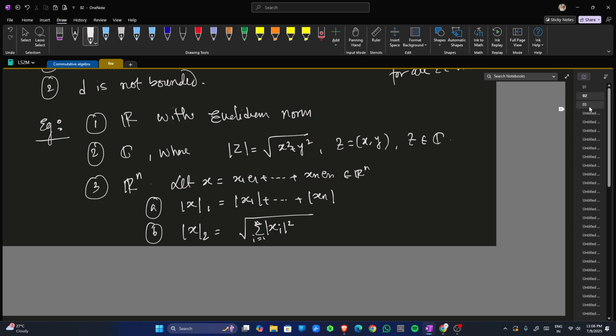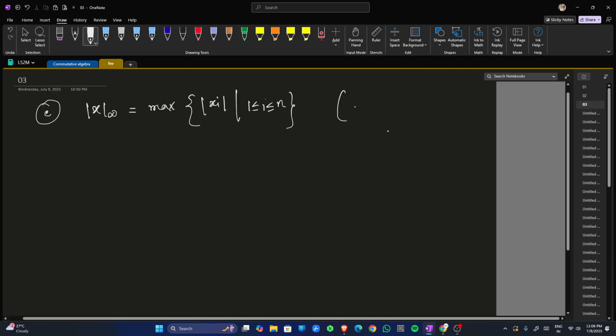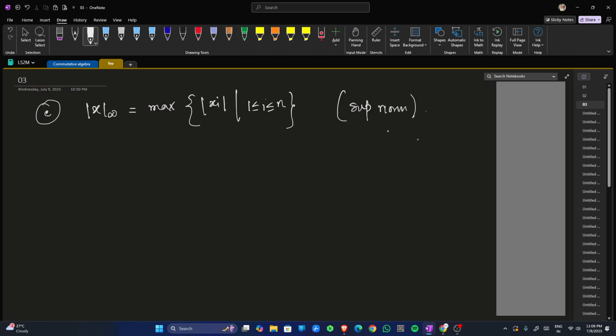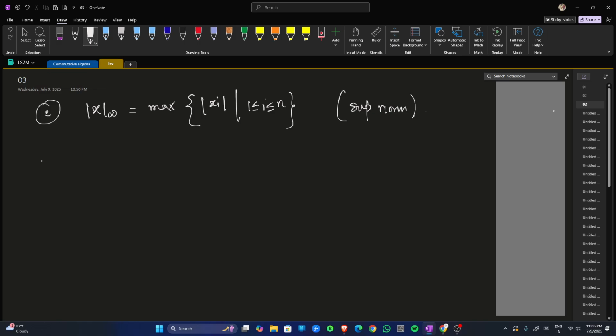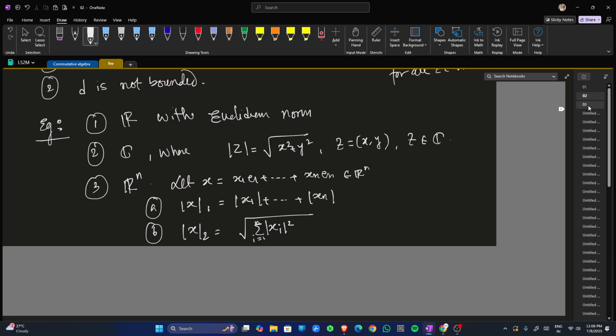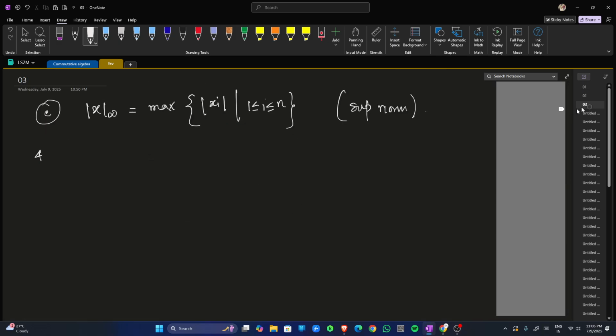It is the max of the absolute values of xi, sometimes it is called the sup norm. Okay, so here are some examples. Okay, another one.